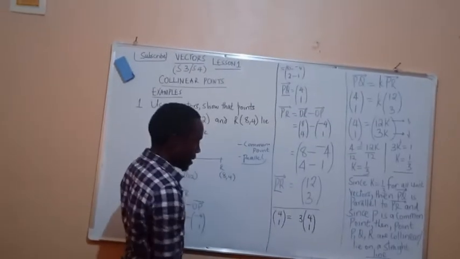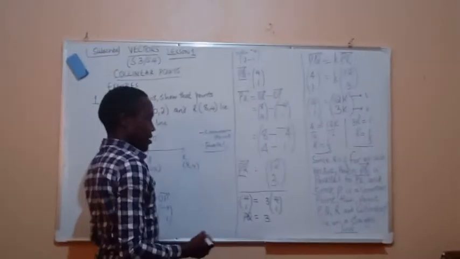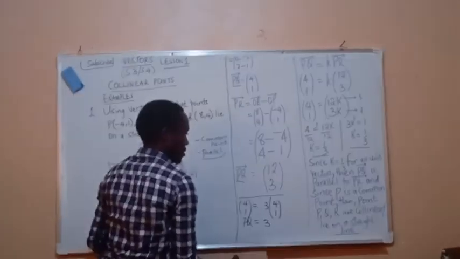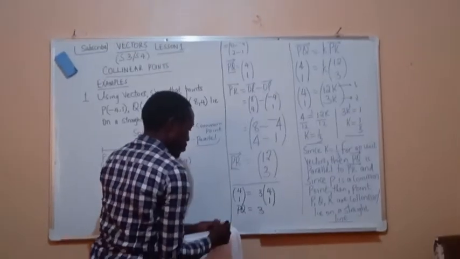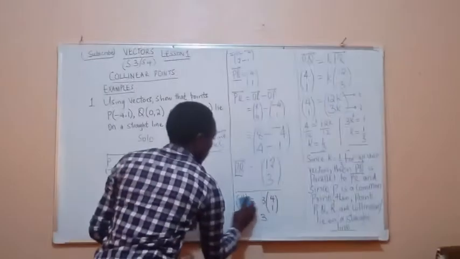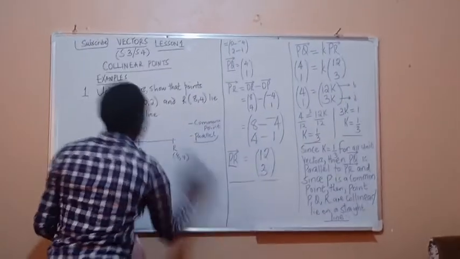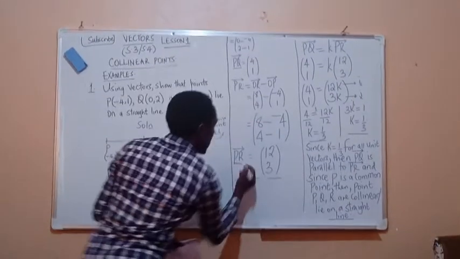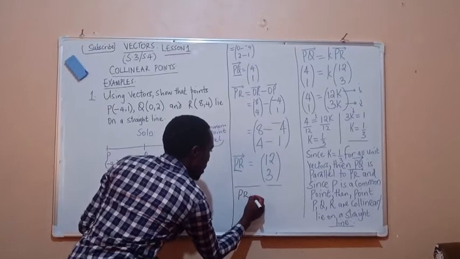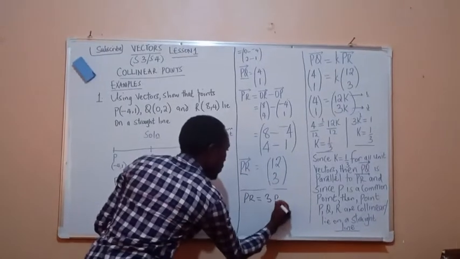What does it imply? This (4, 1) was initially PQ, so it means that PR is equal to 3 times PQ.